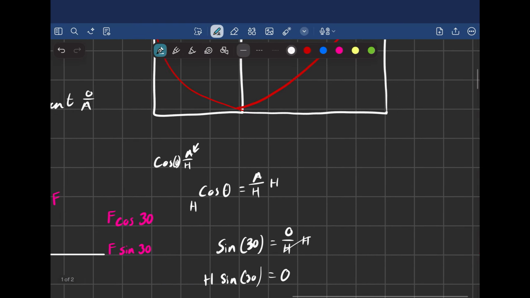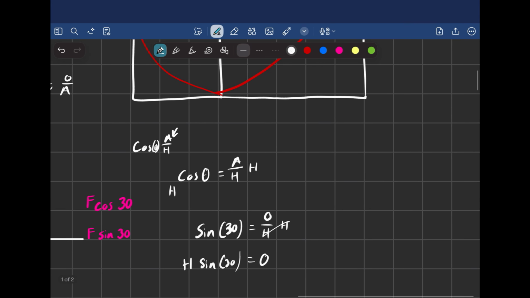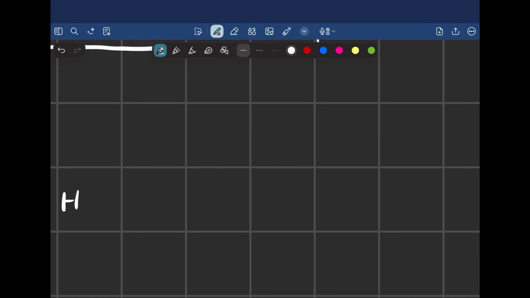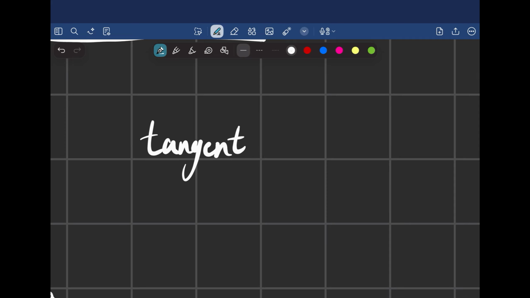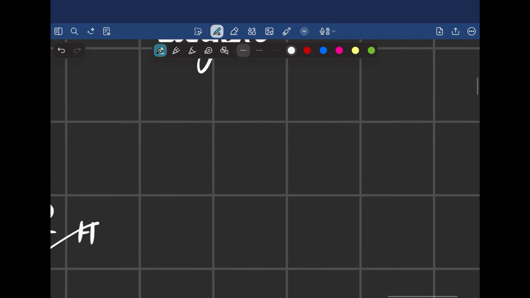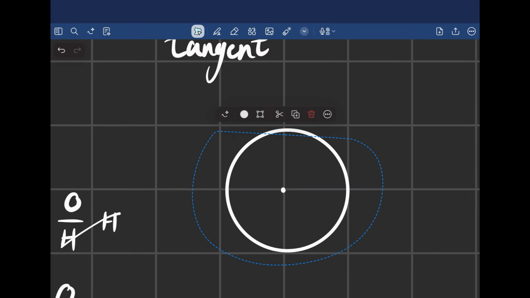let me find some space where I can write this. Let's put this over here. Tangent is, for me, what I can say is basically, I'm going to say, quote unquote, the slope. What does that mean? Well, in a unit circle, I'll move this so it's centered better.